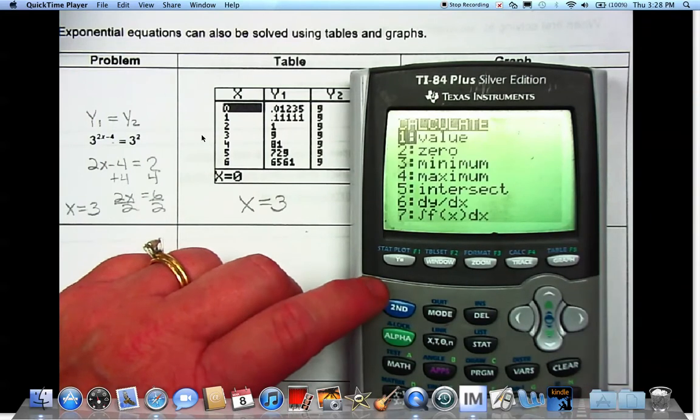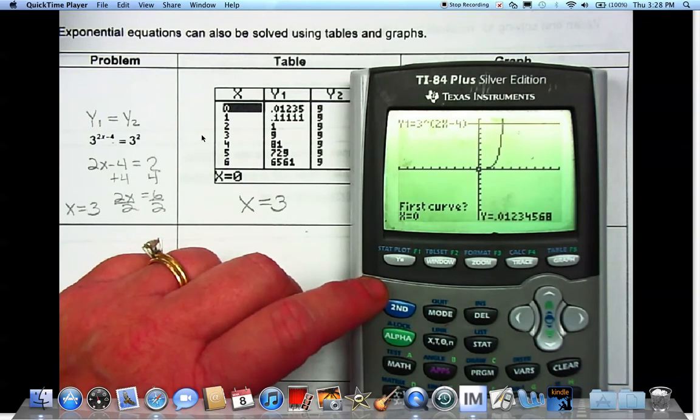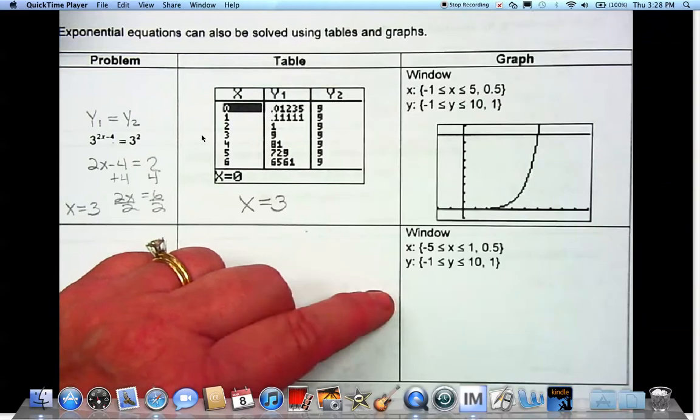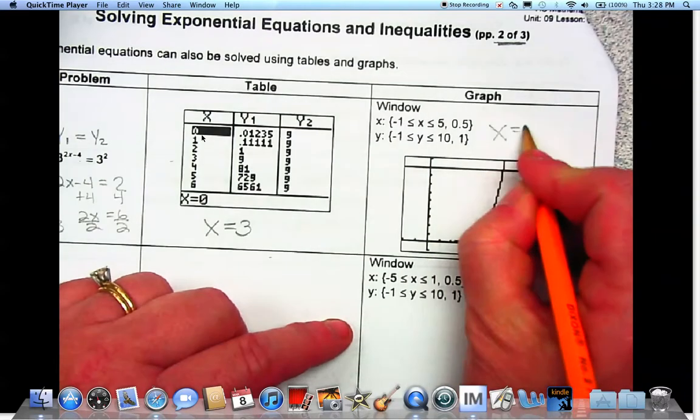Second trace or second calc, which one? 5. Everybody do that, and then enter. What did you get? 3, 9. Which one's the answer? The 3. We're looking for what x is. So x equals 3.